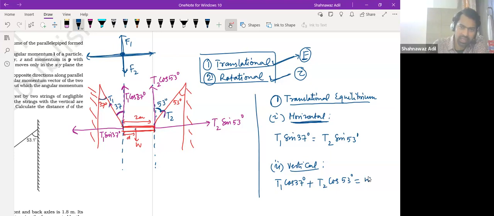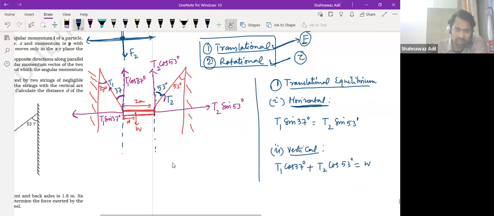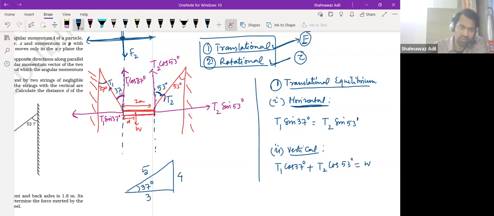And before we do the calculation, let us recall this 37 degree. This 37 degree we are familiar with, right? So this is 3, 4, and 5, right, guys? Do you guys remember this one?